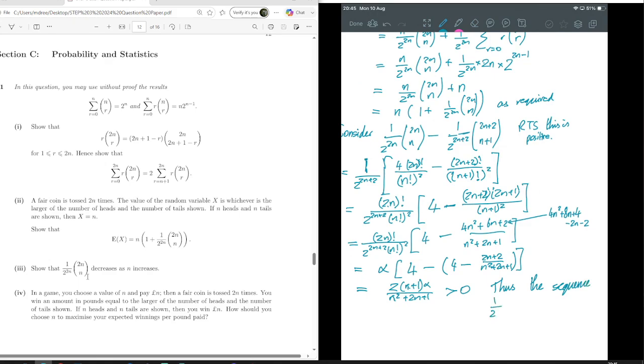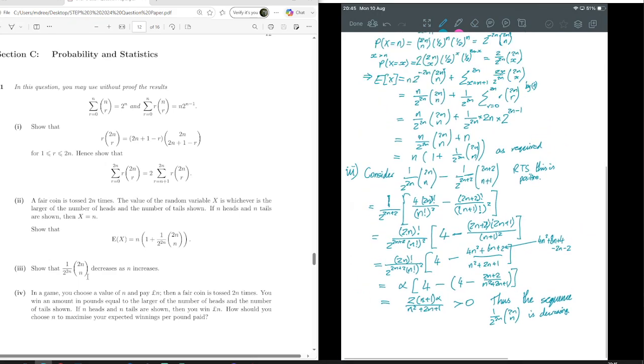The sequence 1 over 2 to the n, 2n choose n, is decreasing. We've shown the next term is smaller than the previous, so it's a decreasing sequence.